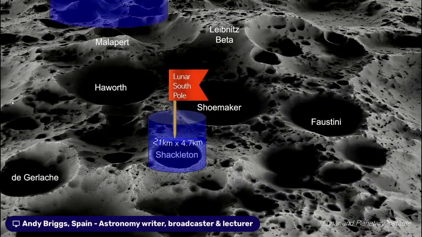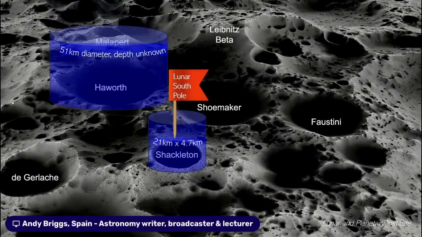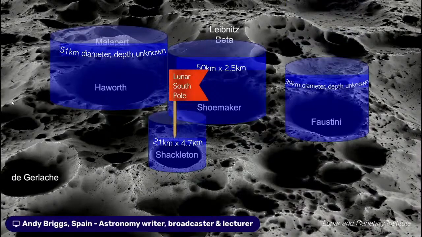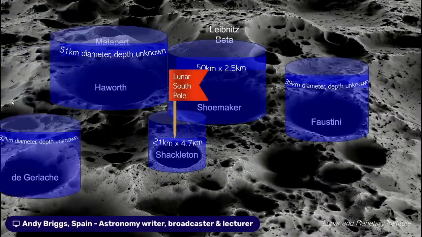But we've got some bigger ones around it. We've got Haworth, for example, 51 kilometers, its depth unknown. We've got Shoemaker, named after, of course, the famous scientist Eugene Shoemaker, 50 kilometers wide by 2.5 kilometers deep. Faustini, 39 kilometers wide, depth unknown. De Gerlache, 32 kilometers wide and depth unknown.